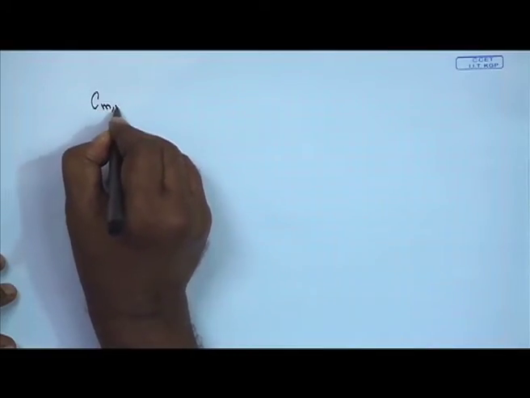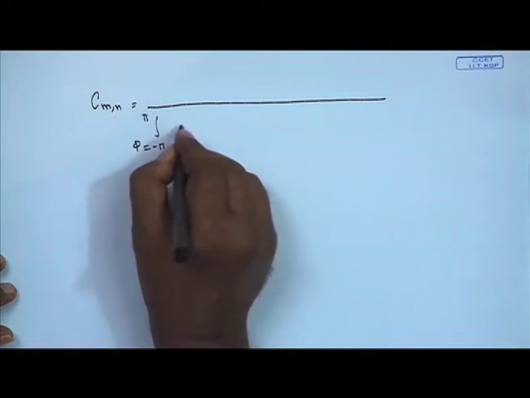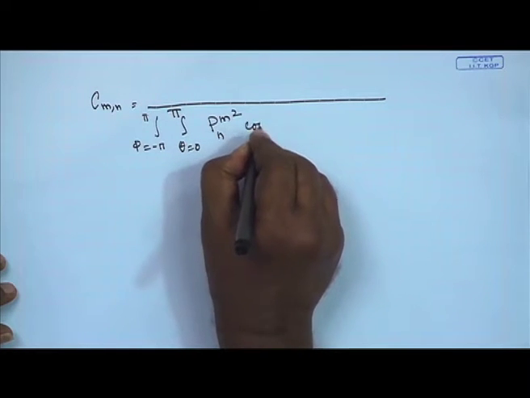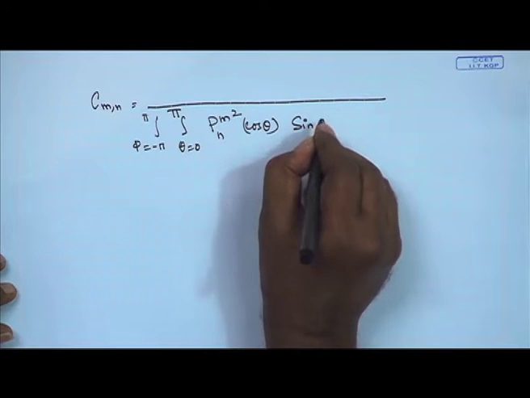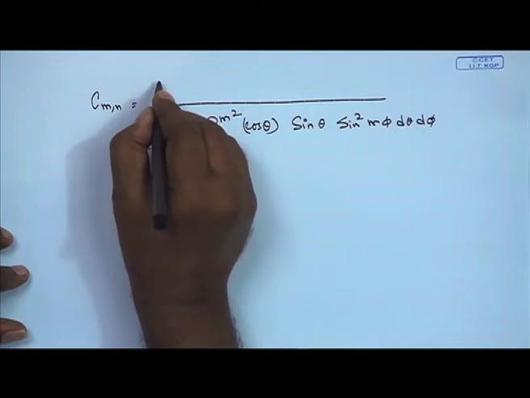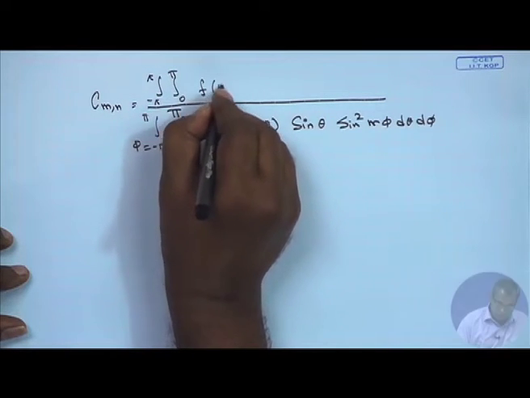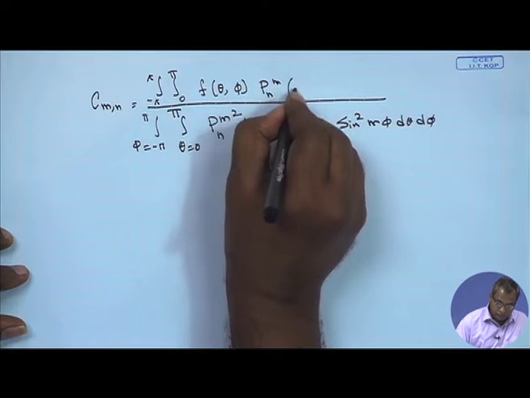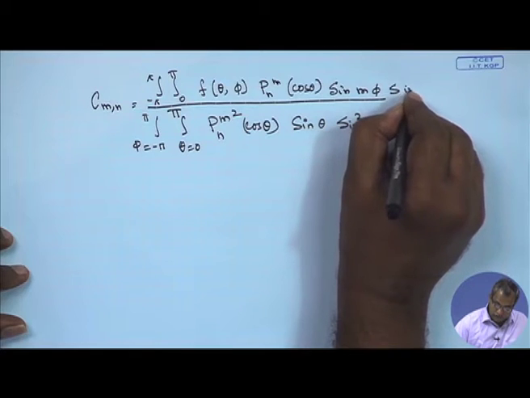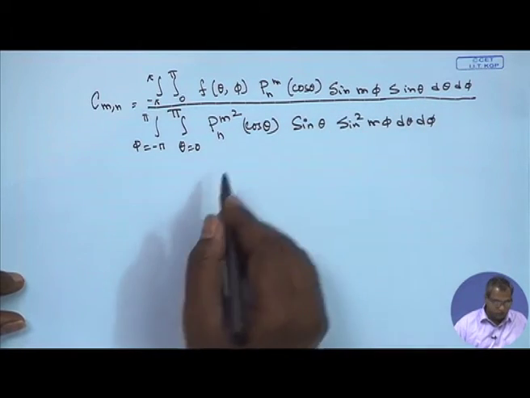So C_mn now becomes: in the denominator, phi from minus pi to plus pi, theta from 0 to pi, P_n^m squared of cosine theta, sin theta, sin square m phi, d theta d phi, and in the numerator minus pi to plus pi, 0 to pi, f of theta phi, P_n^m of cos theta, sin m phi, sin theta d theta d phi, where sin theta is the weight function appearing in both denominator and numerator.